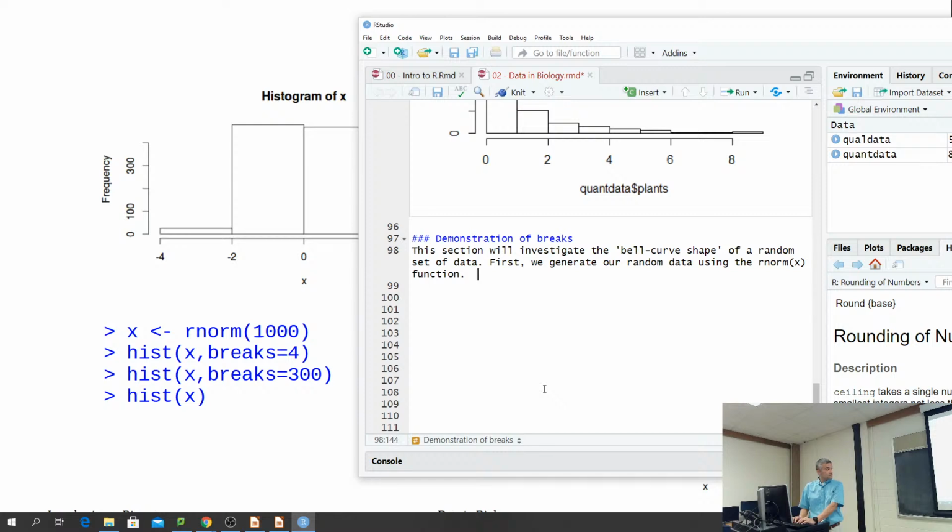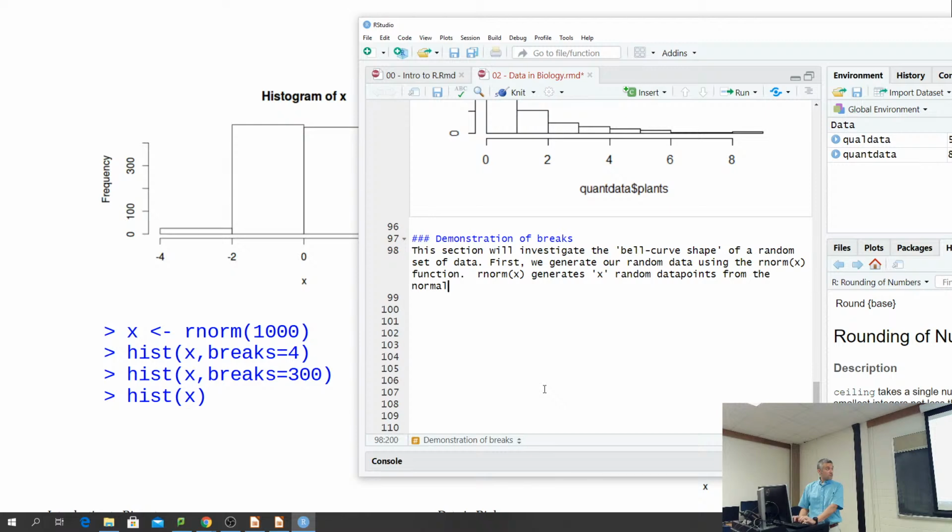Okay, so rnorm(x) generates x data points. So however many data points we want, that is in our x part. All right, that's in our parentheses. We're going to generate x random data points. That's the r part of it.